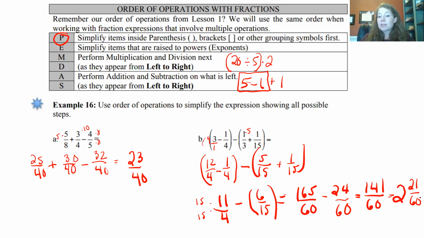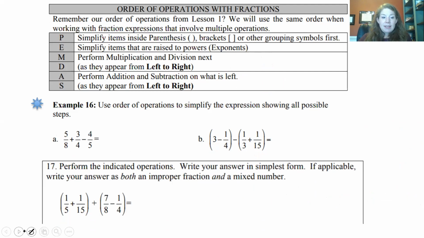Both of those numbers are divisible by 3. So I can simplify this. I'm going to simplify by dividing 21 and 60 both by 3. And I get 21 divided by 3 is 7, and 60 divided by 3 is 20. So my answer is 2 7/20. All right.